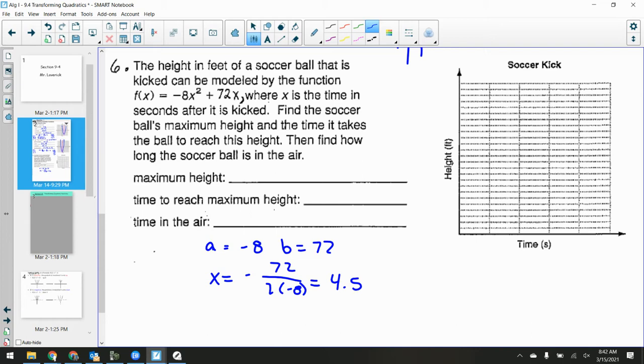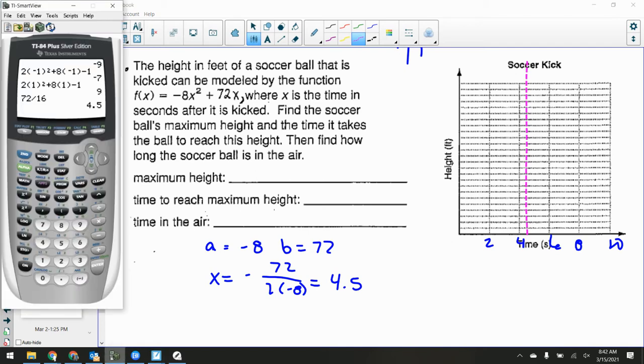So 1, 2, let's go. Let's do by 2s. 2, 4, 6. So let's put 2, 4, 6, 8, and then 10. Let's do my axis of symmetry somewhere right there. Right, there's 4.5. Okay. Now to find the actual maximum height, I plug that 4.5 back in.